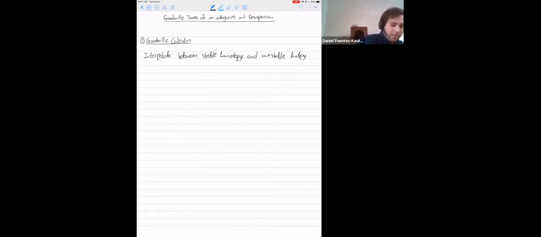If I think of stable homotopy theory as being linear, and unstable homotopy theory as being very general, then I try to interpolate between them with some kind of polynomial functors, or as they're called, n-excisive functors, where n is the degree of the polynomial. So linear here is 1-excisive.